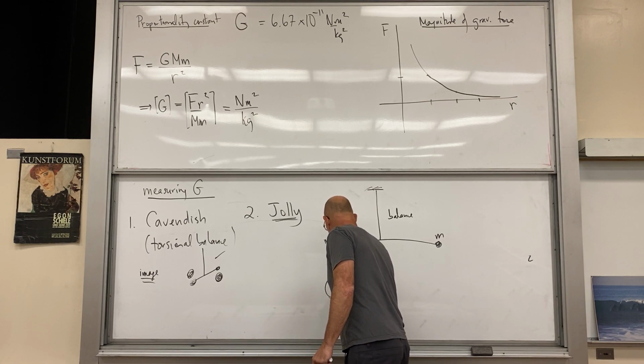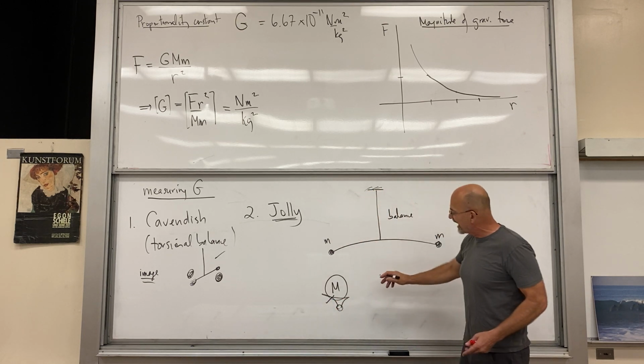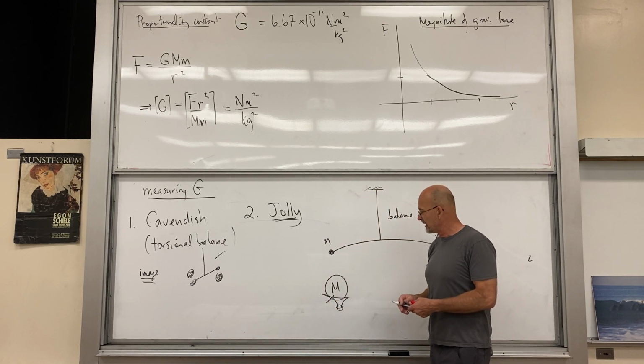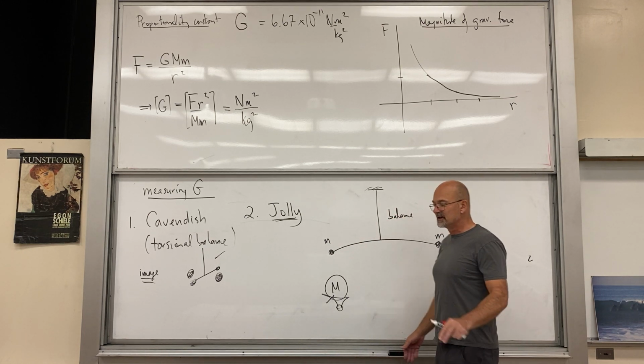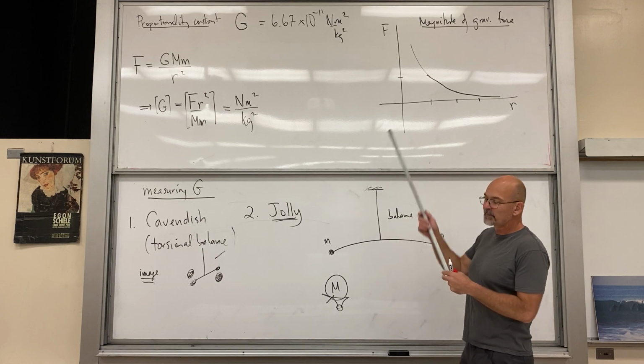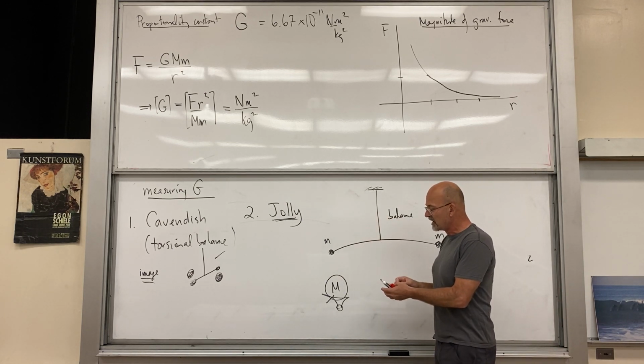You can imagine this capital M, just for fun, we can imagine it's been wheeled in on a wheelbarrow because it's really massive. And you bring it in here, and by the law of gravitational attraction, it doesn't have to be a planet, it can just be two masses, so you can do this in the lab.